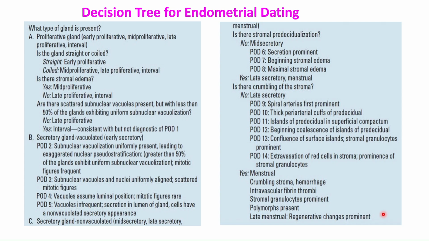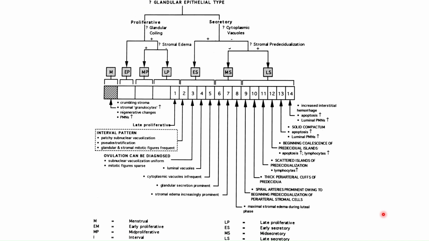So this is how you have to see the slide, and you see one by one gland and stroma, and these are the changes. So here same thing, first you identify whether the glands are proliferative or secretory. Now secretory is easy to identify with the presence of vacuolization.